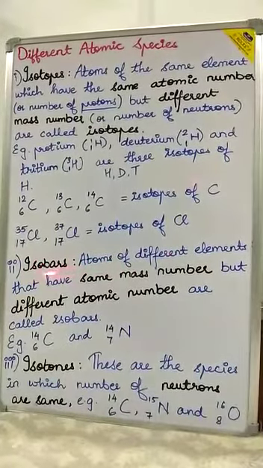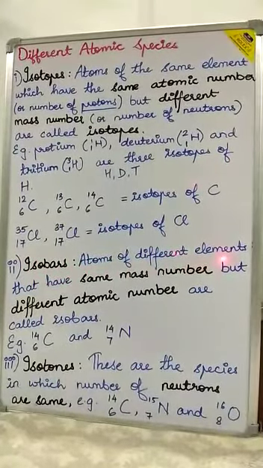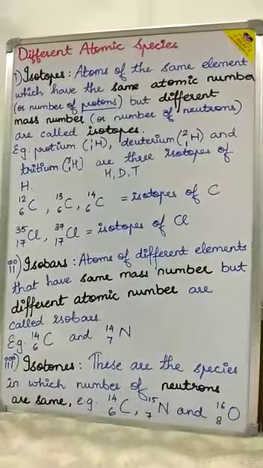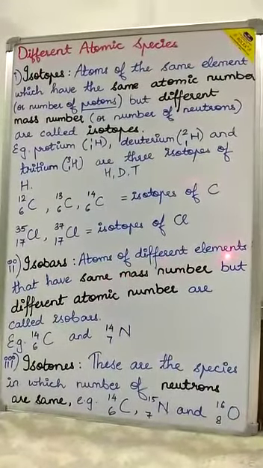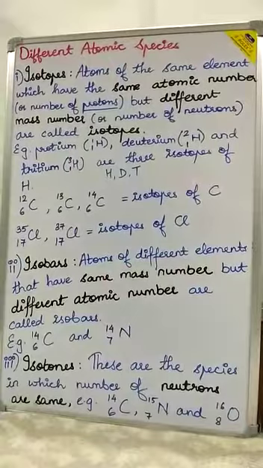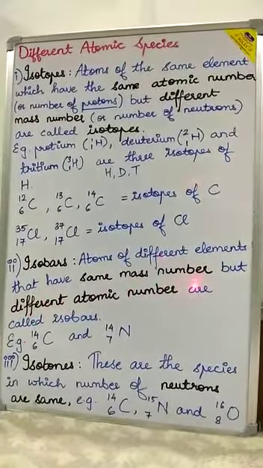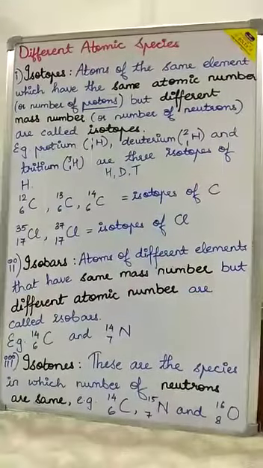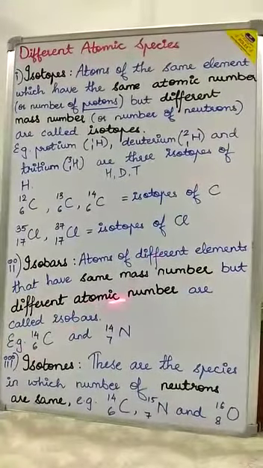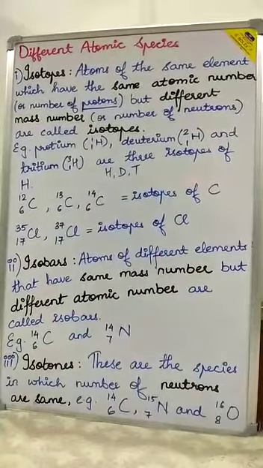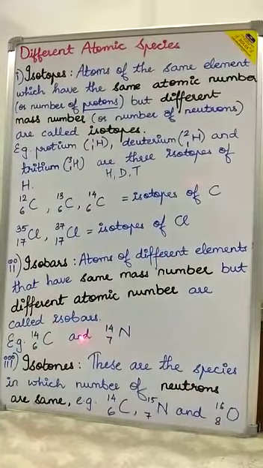Second atomic species, isobars. Atoms of different elements, students, that have the same mass number but different atomic number are called isobars.